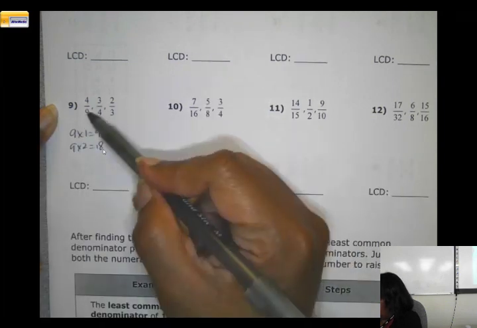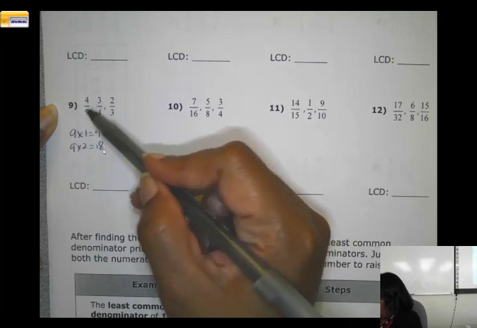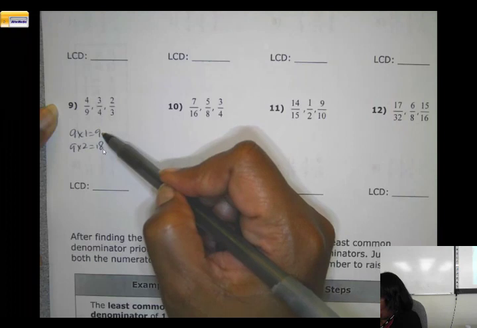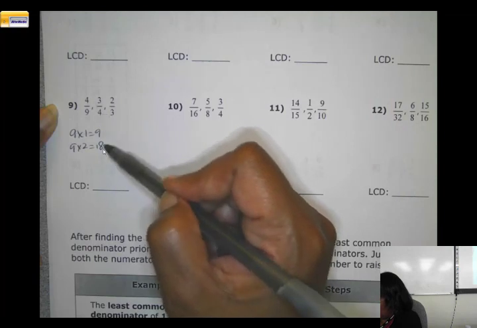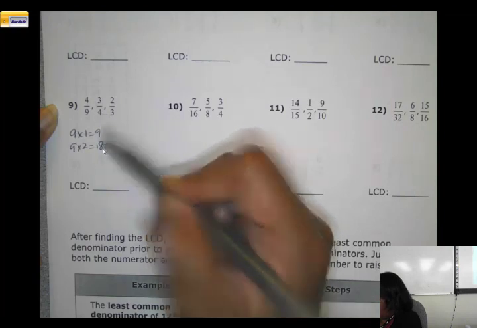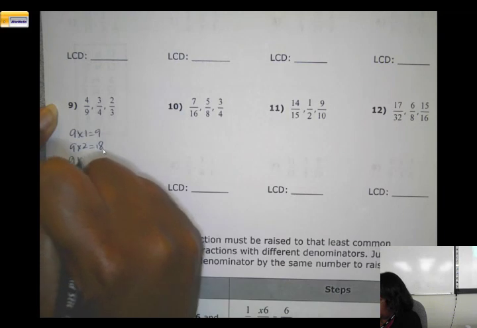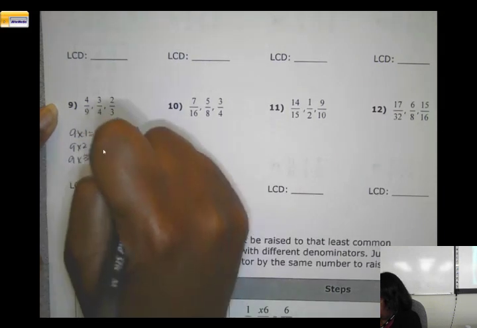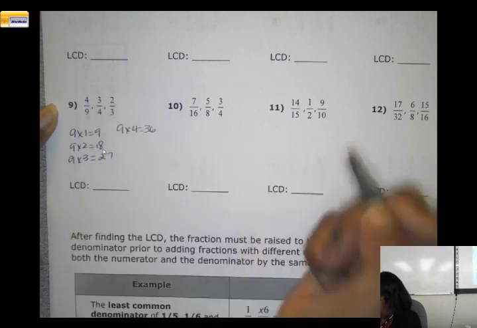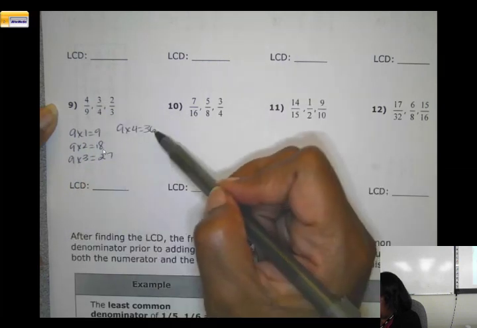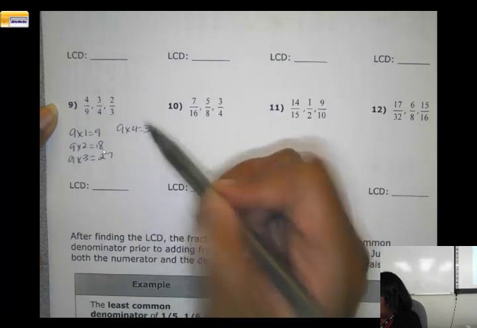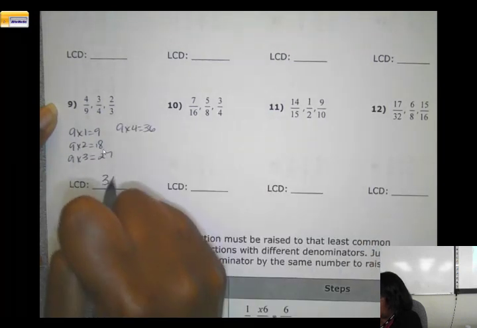Well, 9 goes into 9, and 9 goes into 18. 4 goes into 9, no. 4 goes into 18, no. So I got to keep on going. What's 9 times 3? 9 times 4. 36. 9 goes into 36, 4 goes into 36, and 3 goes into 36. So this is my LCD.